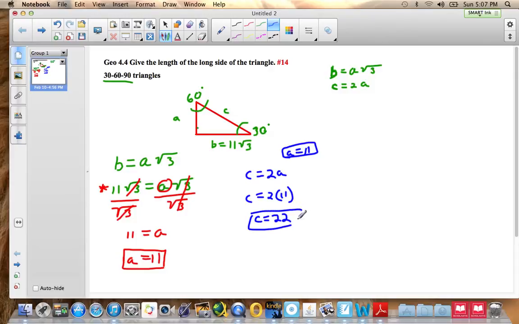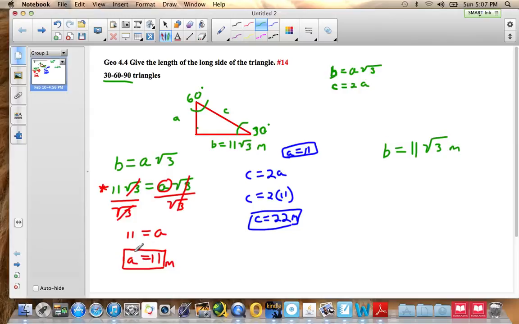So then define the length of each side. I kind of made a mistake at the very beginning. I should have said at the very start that this is 11 square meters, because, like I've told you, it's very important to know the units. So this is meters, and this is meters here. For my final answers, I was given B in the initial equation, which said that it is 11 square root of 3 meters.